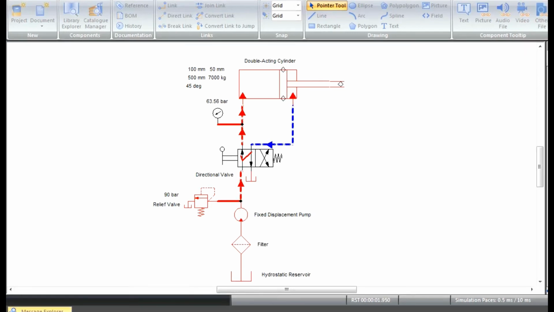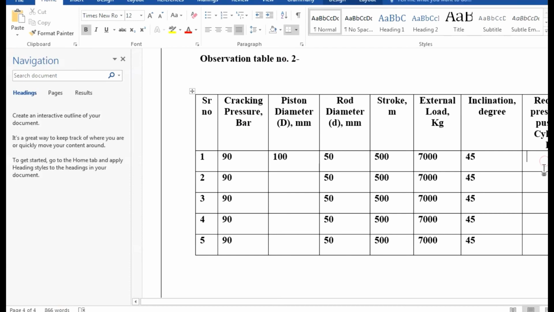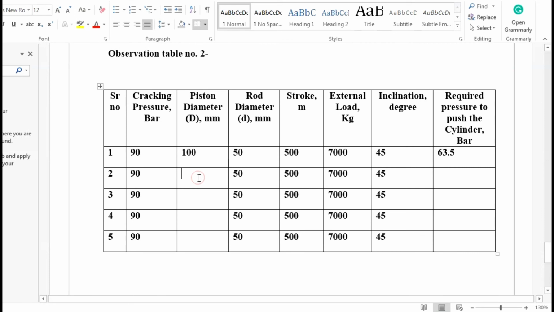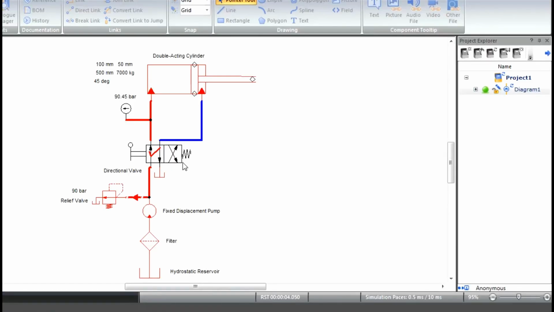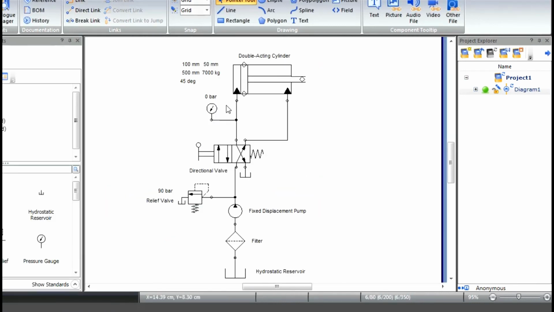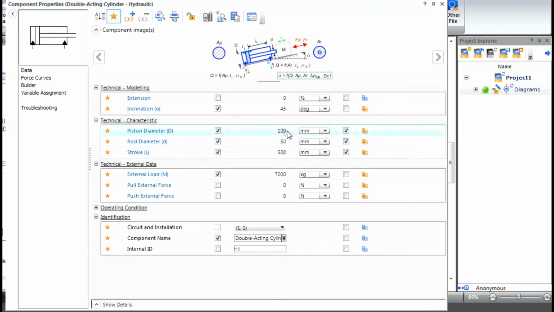We have already built the circuit. Now check for the first set of readings. How much pressure is required? With the 100 mm diameter piston, 63.5 bar pressure is required.